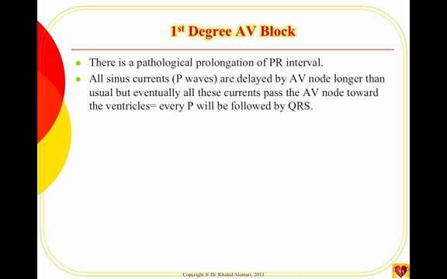So what is the problem? The problem is the AV holds the P waves longer than normal, but eventually the P will pass. I want you to think of the AV as a gate, as an electronic gate that has an issue at this point.